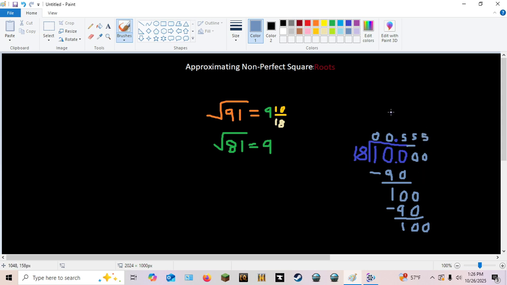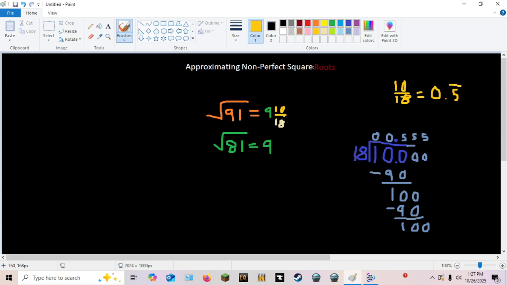Now, 10 divided by 18, or 10 over 18, equals, hold on, I should write it as a fraction. 10 over 18 equals 0.5 repeating.